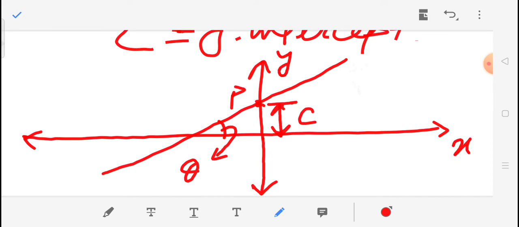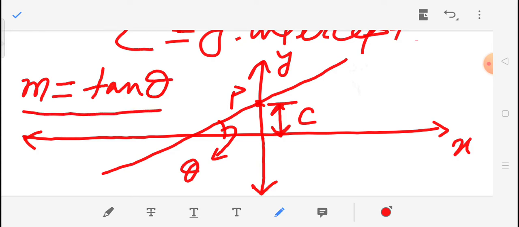Okay, now when we take the tan of this theta, then it is going to give us the slope. We should not have to discuss more about slope. Simply I'm going to convert the general equation into the slope intercept form, and easily we can get the relation.